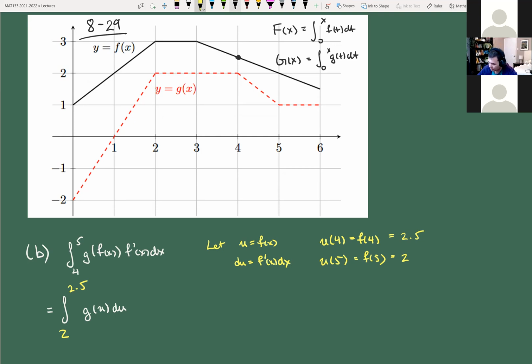Okay, well, let's look at the graph. So between 2 and 2.5, this is what we get. Oh, sorry, this should actually be the other way. It should be 2.5 on the bottom.